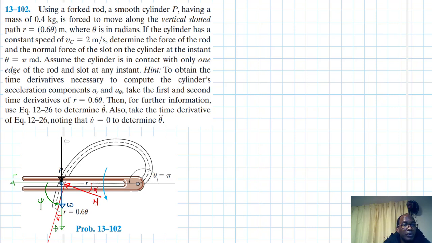Alright, so having established that, we have a component in this direction of the normal force and another one in this direction.